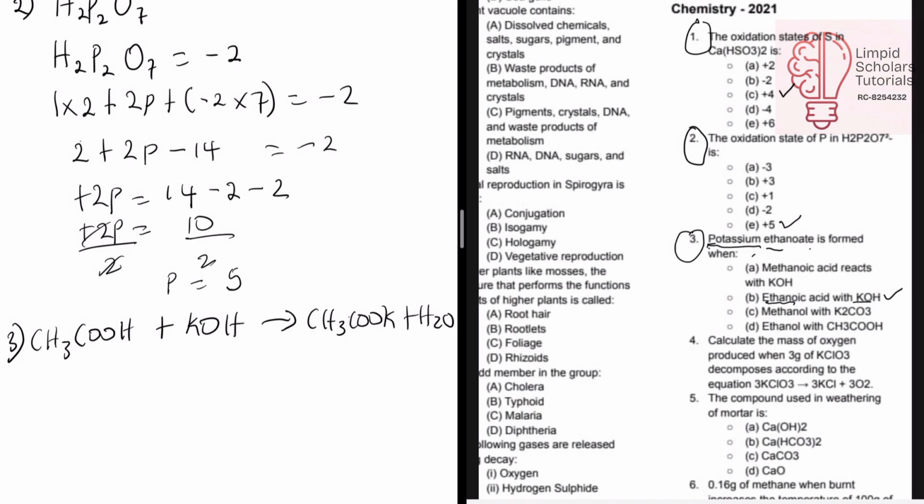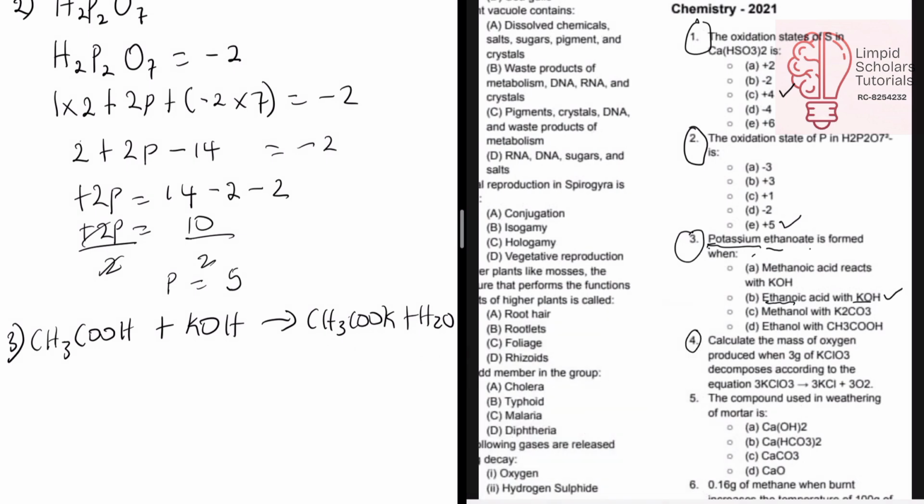Remember, esterification is a reaction between an alkanol and an alkanoic acid to yield an ester and water. But this reaction is a neutralization reaction using an acid and a base to form a salt and water only. I think that's clear. So we'll be moving over to number 4.